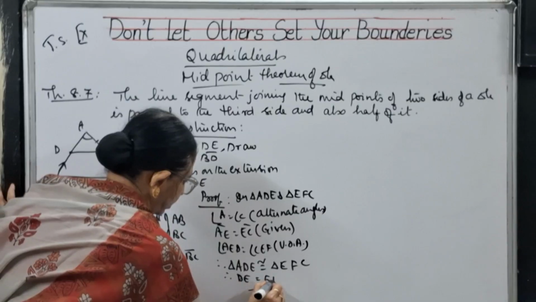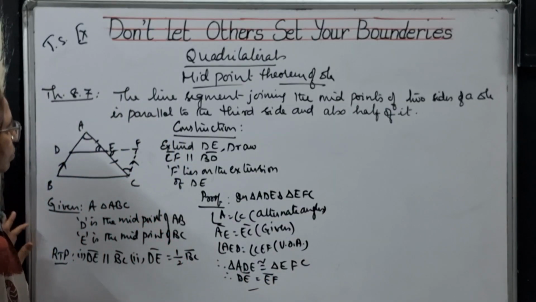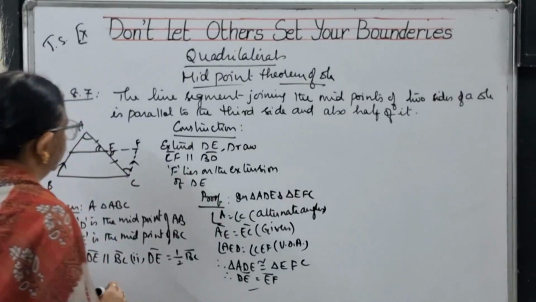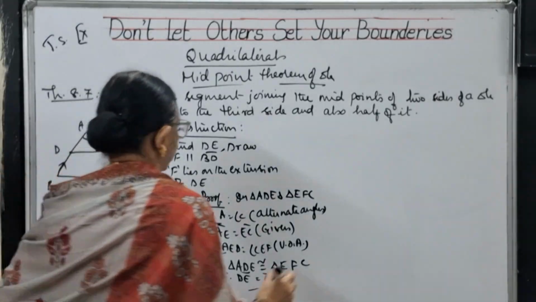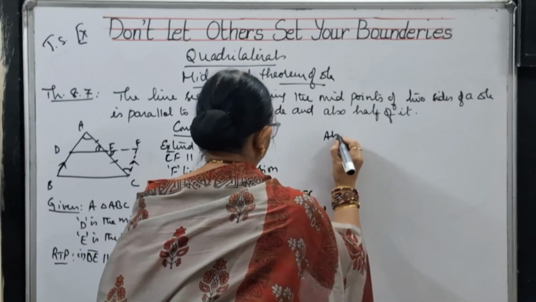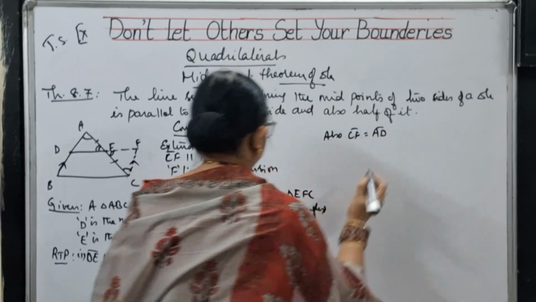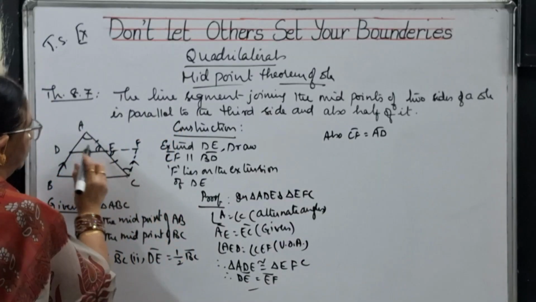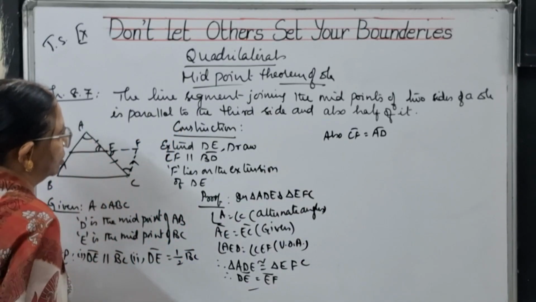DE is equal to EF. Now, what we have got, children? Also we can write CF is equal to AD, because these two triangles are congruent, and corresponding sides are equal.